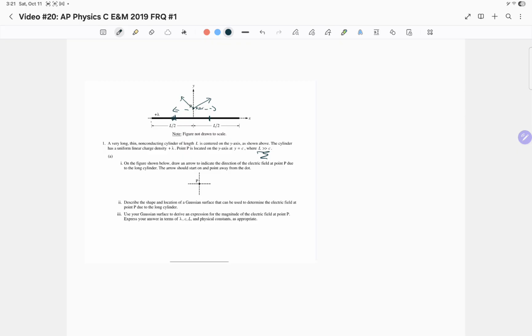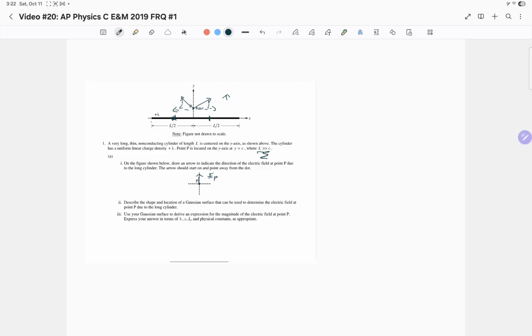There is not going to be a net electric field in the x direction at point P. Instead, the similarity between these two electric fields caused by the two little segments of charge I indicated is that the y components are both in the positive y direction. So we're only going to have an electric field in the positive y direction. It's going to be an arrow straight up, and that is our net electric field at P. I'll call it EP.